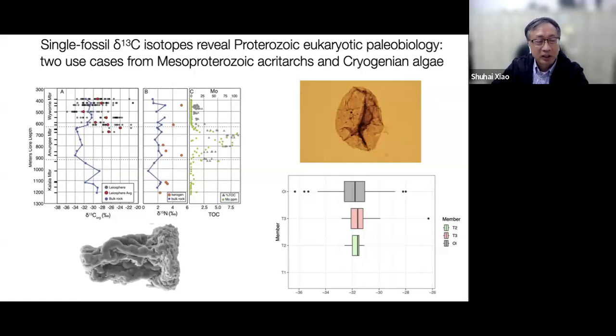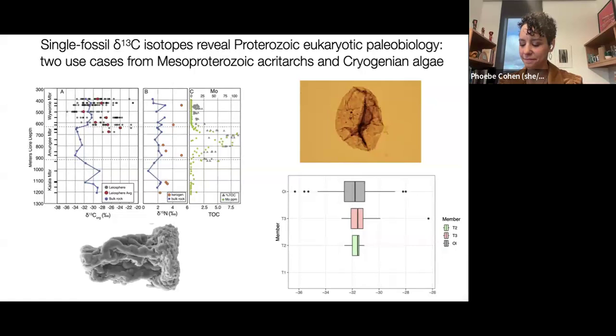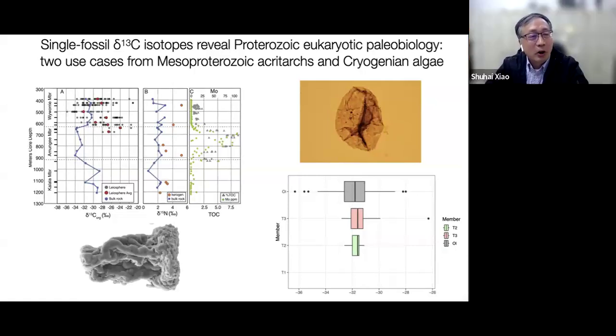So that means that there's some extremely light component in your TLC that is probably minus 38 to minus 40 per mil in order to balance the mass. Yeah. So I don't know how to explain that.